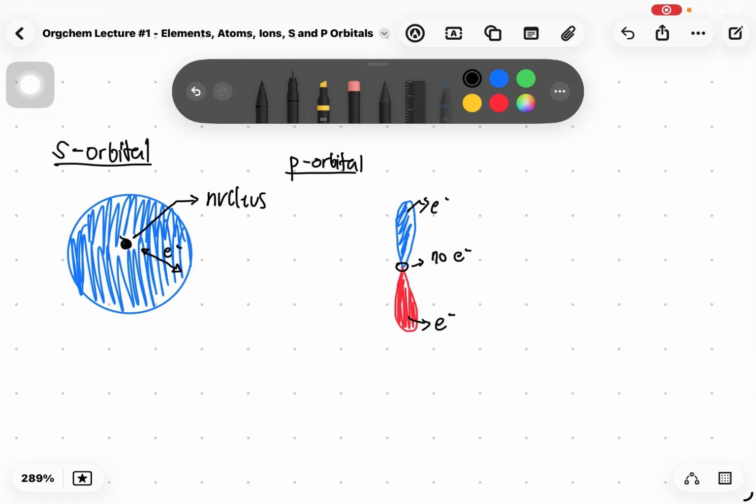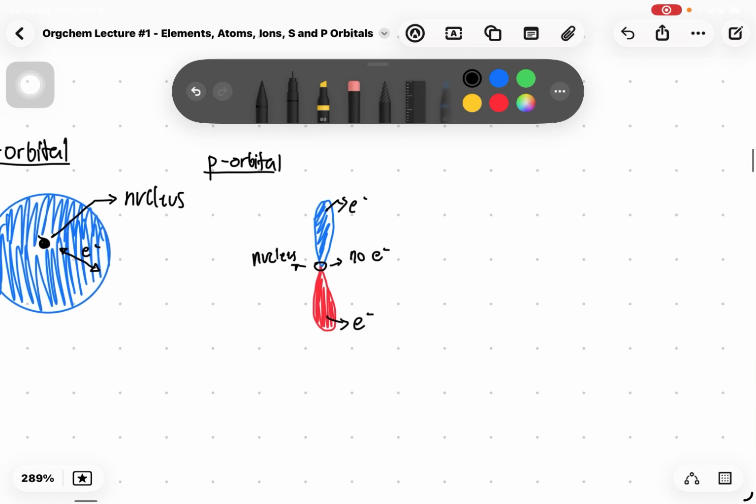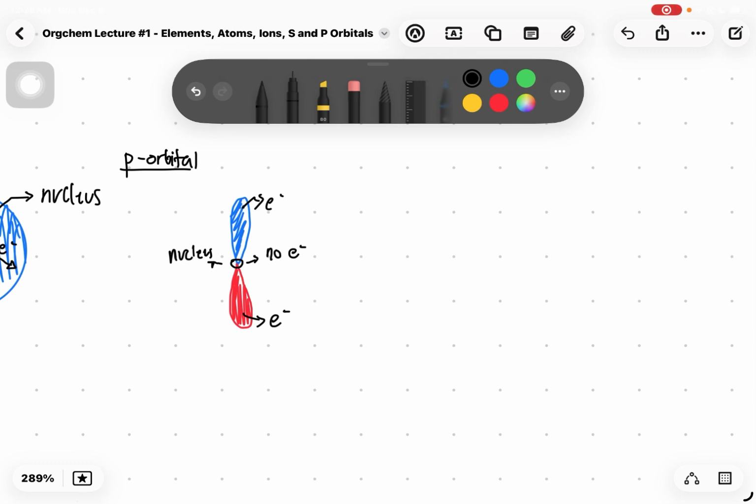This is still going to be our nucleus though. Regions where there's no electron density are known as nodes. And that's all you got to know about that word. It's basically just an empty space in between the 2 sides of the dumbbell.